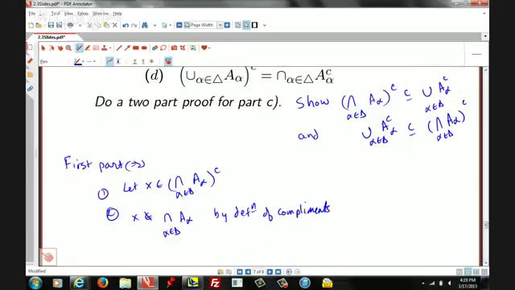If x is not in the intersection, that means it's not in every set. The intersection says it's in every set. So x is not in every set A sub alpha, alpha in triangle A. It has to be outside one of them.